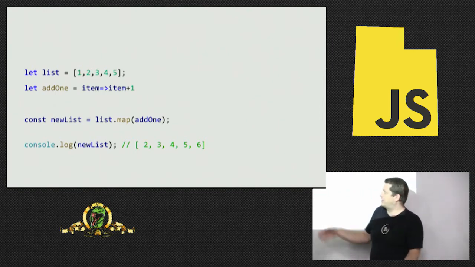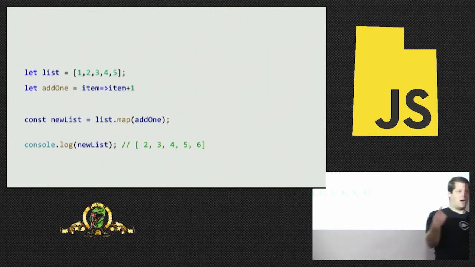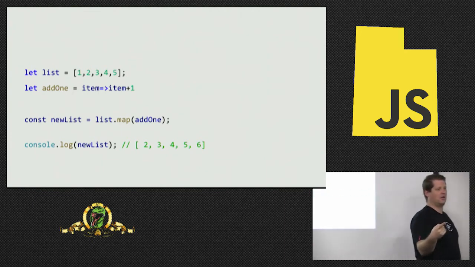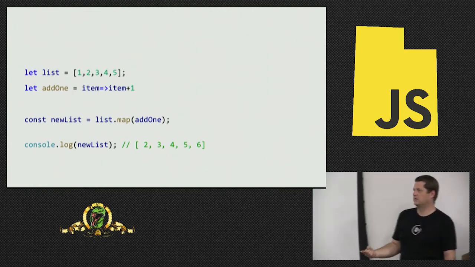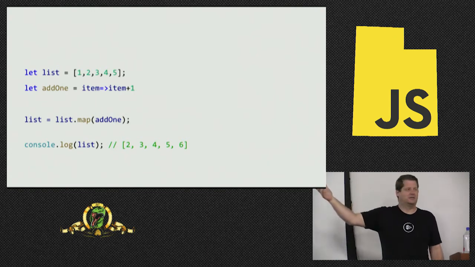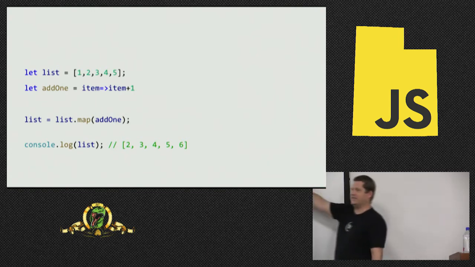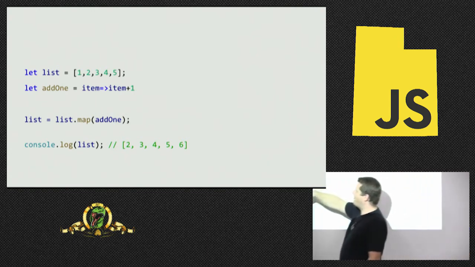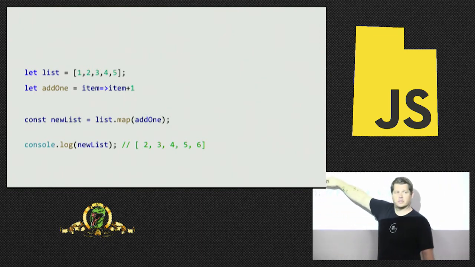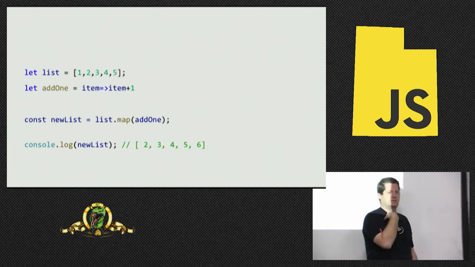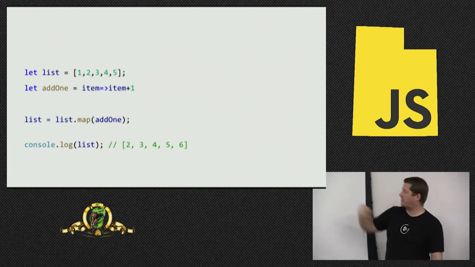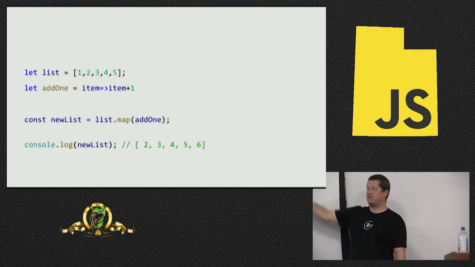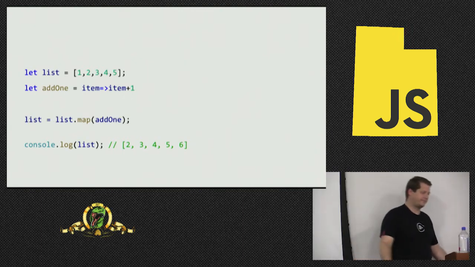I want my original list, so I can do this. What if I want list to change? How complicated is that? Yeah, I just do that, right? This is easy. So having these functions be immutable means that I get to decide how I want to deal with these. If I want it to change it, I just add list. If I don't want it to change it, I change it to a different variable.